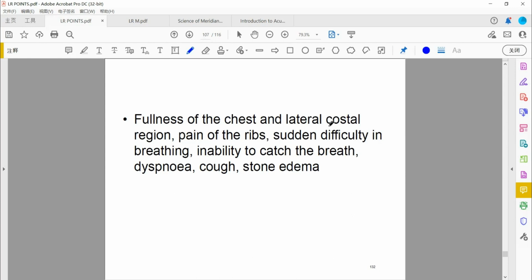Hernias of the chest and lateral costal region, which is the liver and gallbladder region. Pain of the ribs, beside the 11th rib. Sudden difficulty in breathing, inability to catch the breath, dyspnea, cough, edema. Okay, kind of used as a local point.